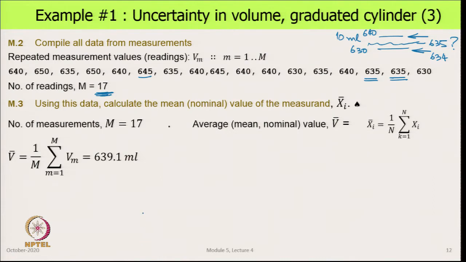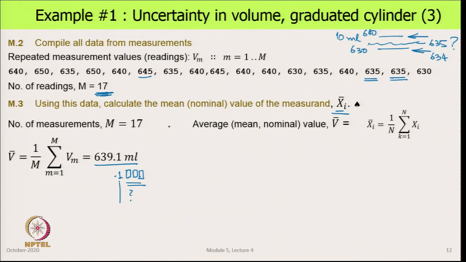In the next step, we say using this data, calculate the mean nominal value of the measurand, x-bar. We just take all of that, take their average, and get 639.1 milliliters. Now, there were more decimal places beyond this, 1 and then something more. The question is, should we be reporting these?